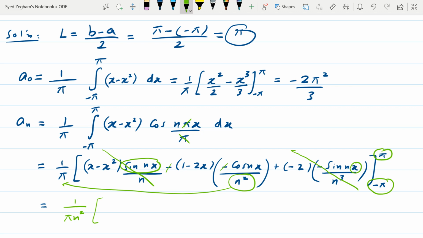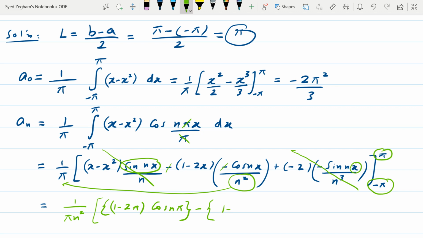So let us put pi first. So we get 1 minus 2 pi multiplied by cosine n pi, right? This is the first term which we are getting. And then we will put minus pi. So minus of, now we are putting minus pi, x equal to minus pi.